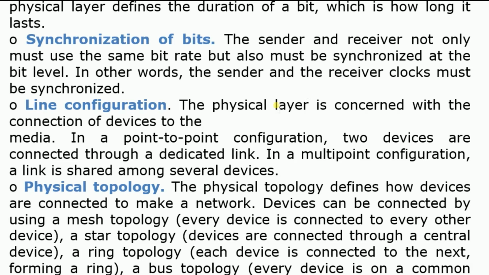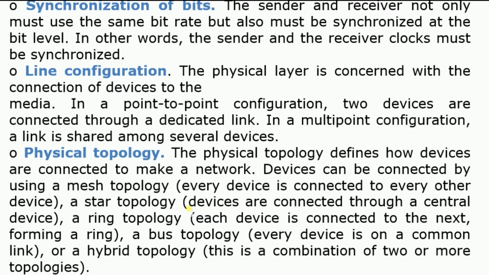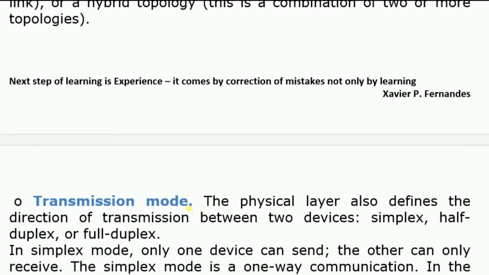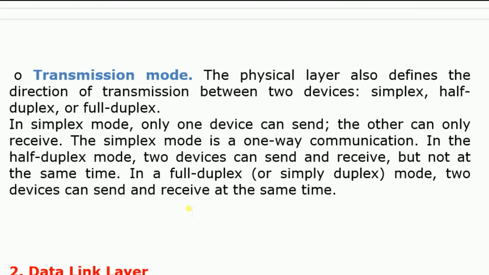Then line configuration, that is communication media, then the physical topology, which topology it deals with, whether it's a star, ring, or bus. And the transmission mode, direction of transmission between two devices. There may be simplex, half duplex or full duplex.